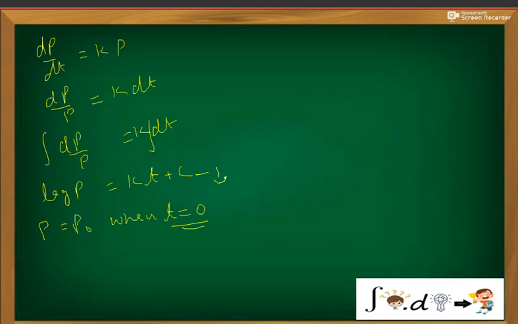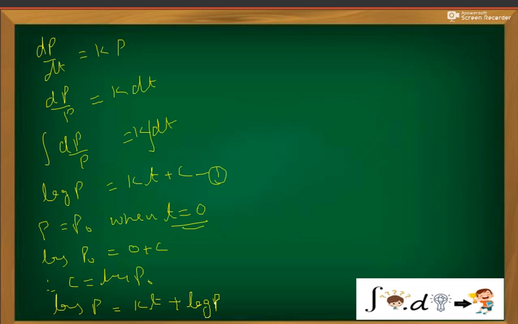Therefore from this first equation we can say that log P naught is equal to k times 0 plus c. It means c is equal to log P naught, and substituting the values here, it becomes log P is equal to kt plus log of P naught.